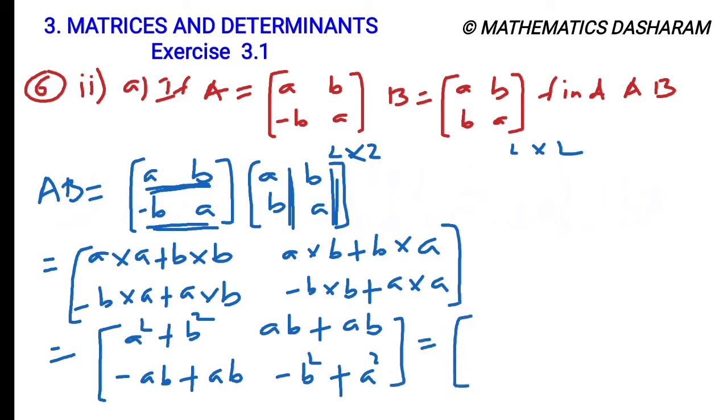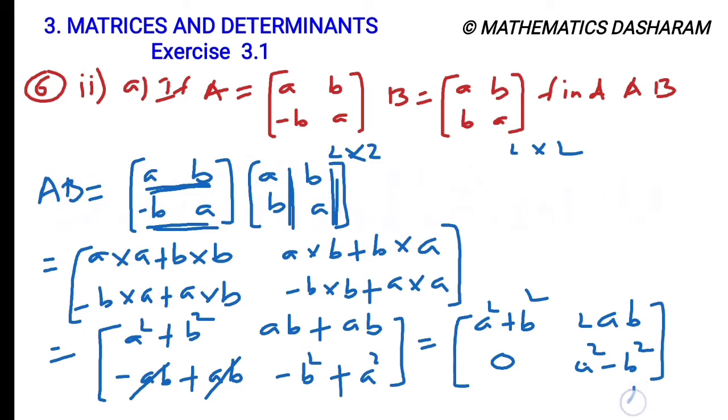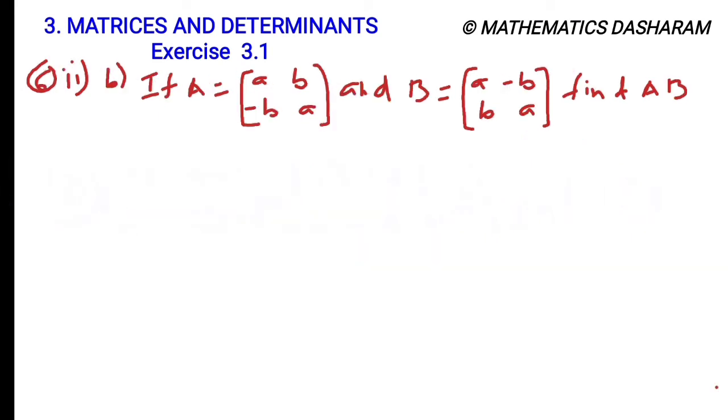Its simplification is: A square plus B square will come as it is. AB plus AB is 2AB. Minus AB plus AB cancel, so here 0. Minus B square plus A square can be written as A square minus B square. So what is its order? 2 by 2.